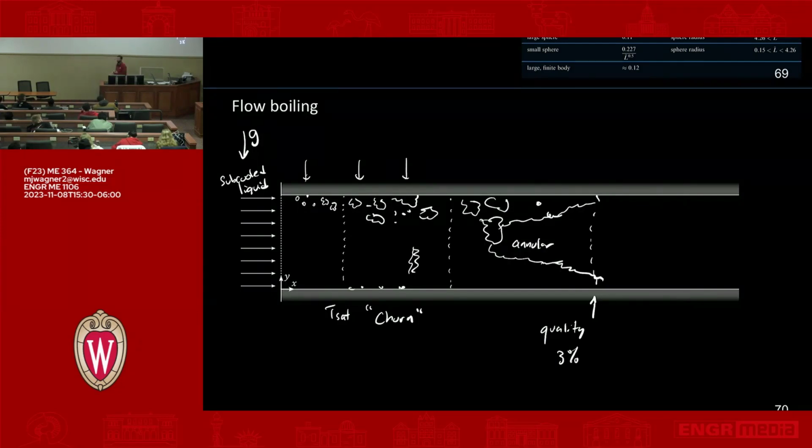It doesn't really take that much heat addition to develop this annular flow. That's because vapor is so much less dense than liquid that it takes up that much more space. The other thing is, as you're going down in the x direction, the velocity is increasing and increasing because the average density is decreasing.